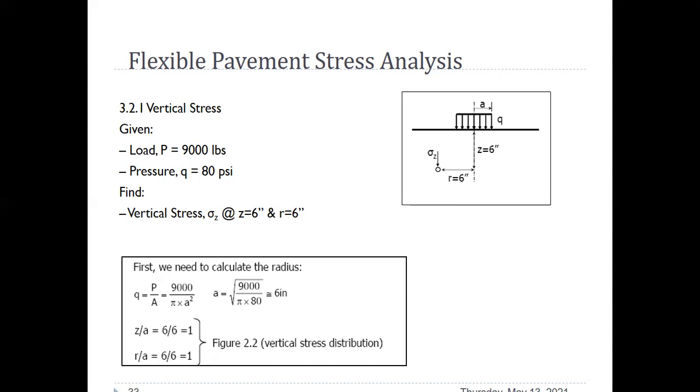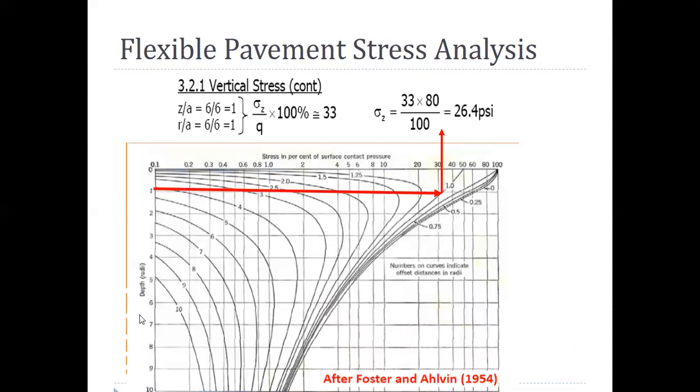Now, using these values, we can calculate very simply. We had Z upon A as 1, so we keep moving horizontally at Z upon A of 1, and we try to find which curve has R upon A as 1.